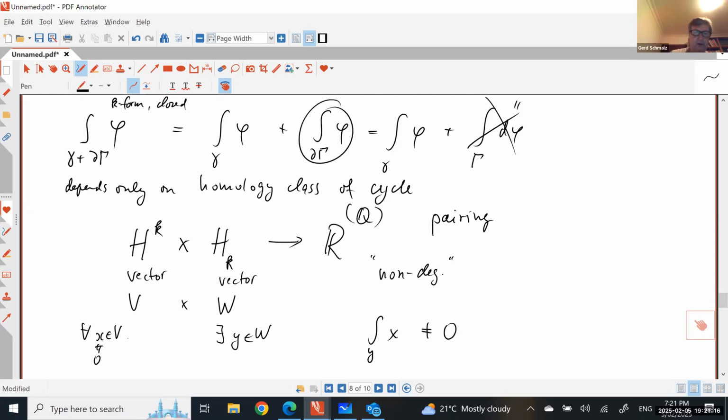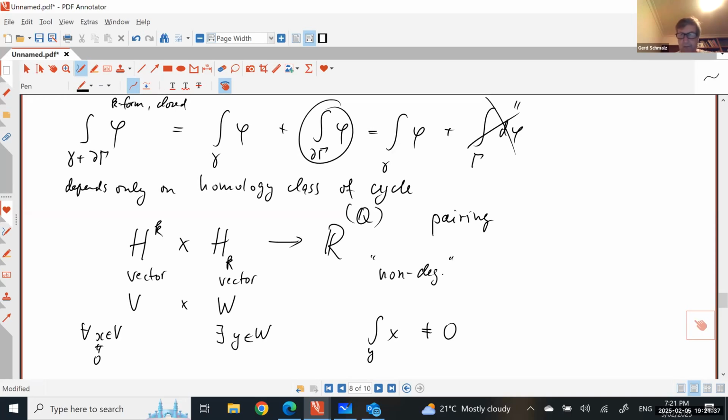So for every closed but non-exact form which is not 0, we find some cycle for which the integral is not 0.